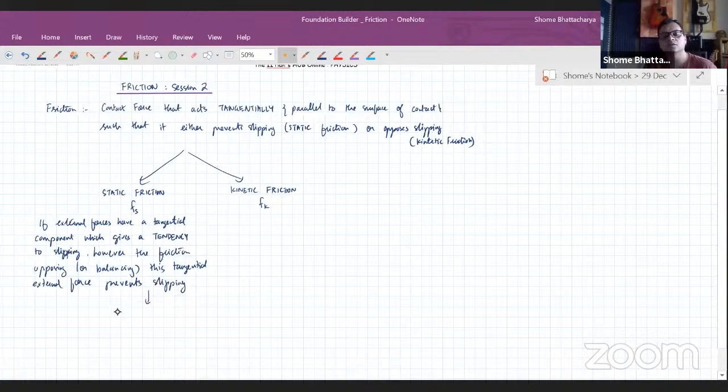In that case, such friction is called static friction.